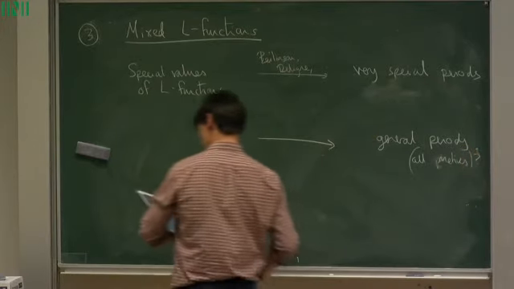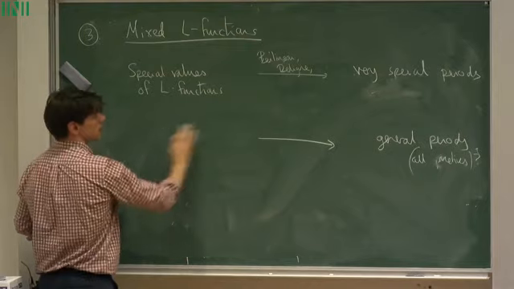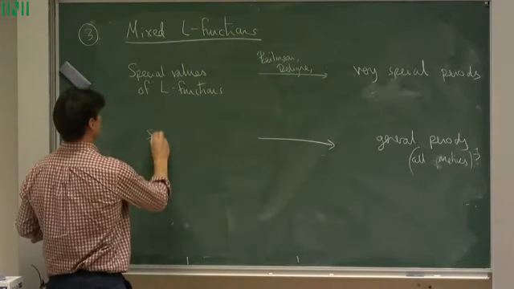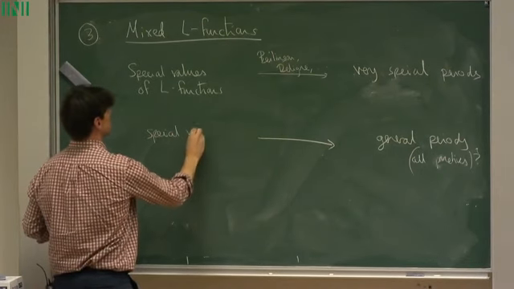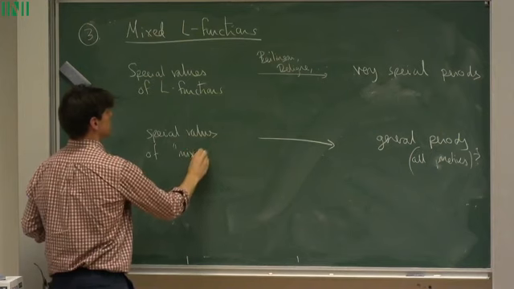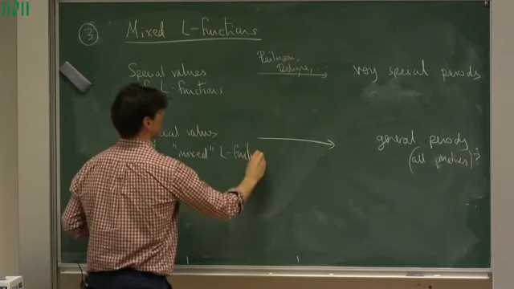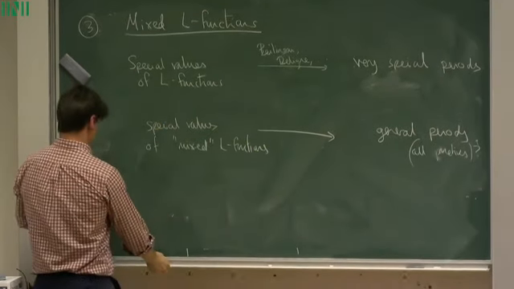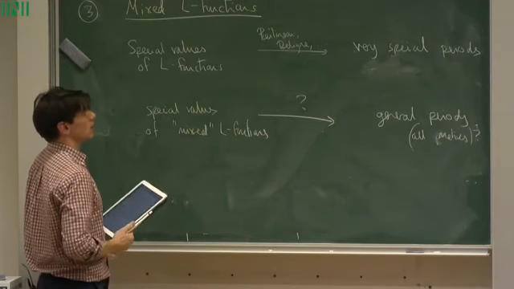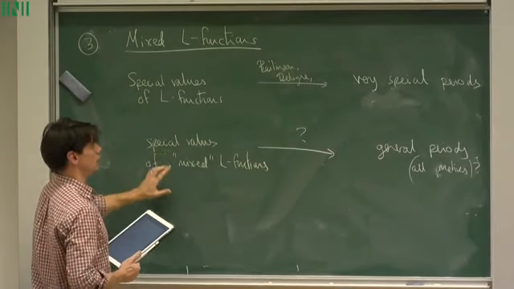Again, this is very preliminary. There should be something that predicts periods of much more general motives, so some special values of mixed L-functions, whatever they are. But there's an increasing body of evidence that such a thing can be made to work, and I think this is where a lot of the future lies.